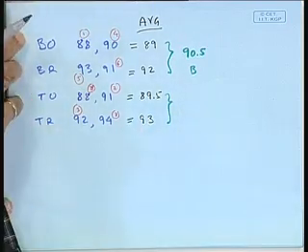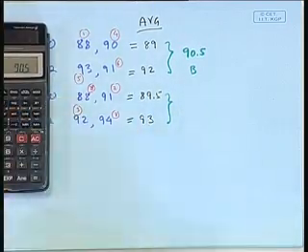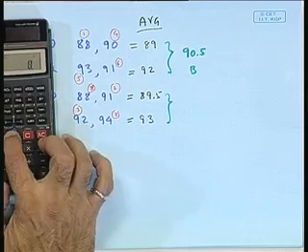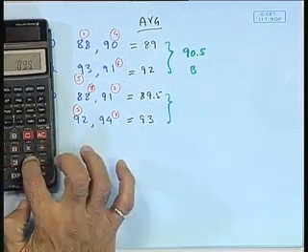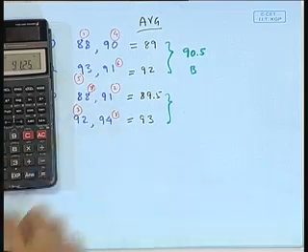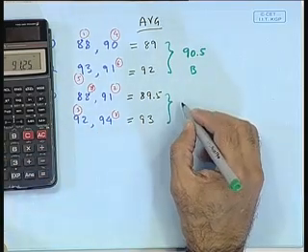Let's also average out these two quantities. I've got 89.5 plus 93 divided by 2. That's 91.25.